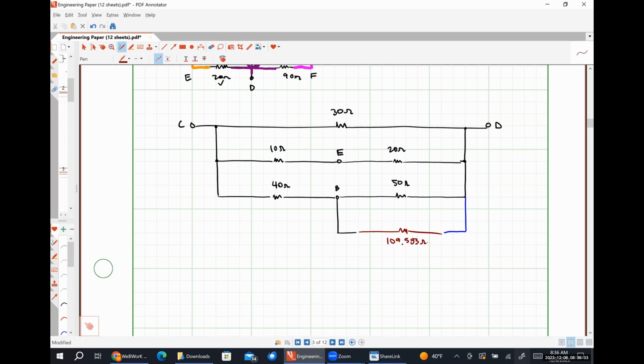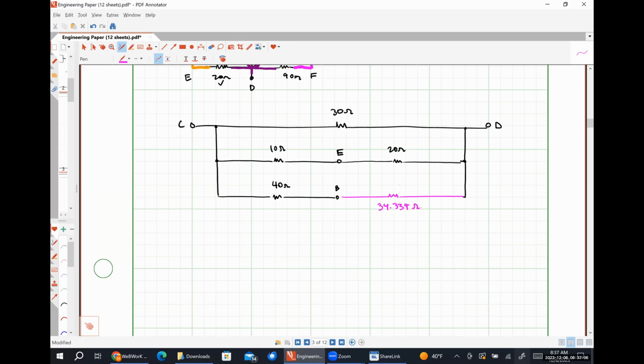That is now in parallel with the 50. So answer times 50 over answer plus 50, we get 34.334. That is in series with a 40 ohm resistor.